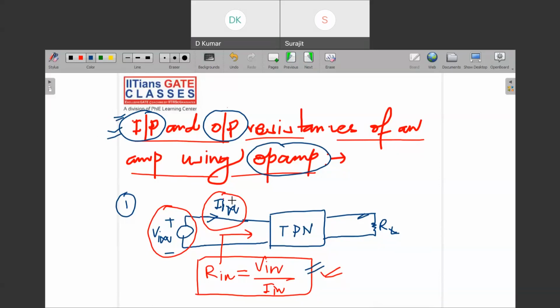In different configurations and different biasing. You will determine the input and output resistance using the same procedure. Okay, so this is the input resistance.